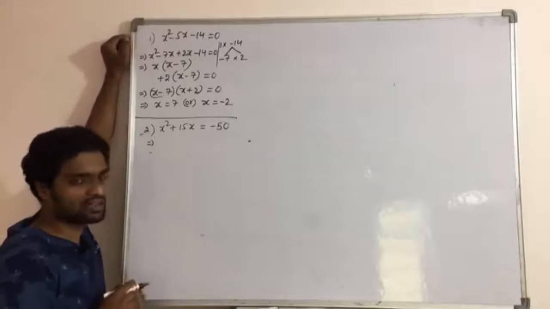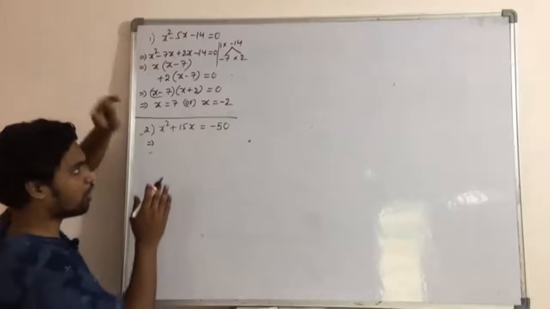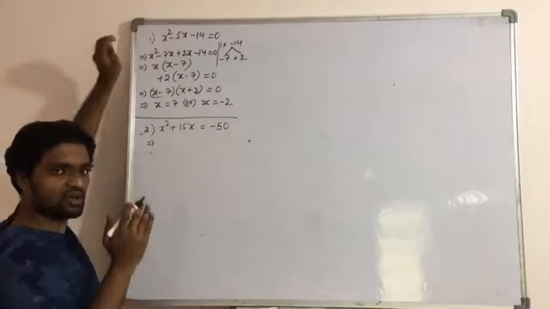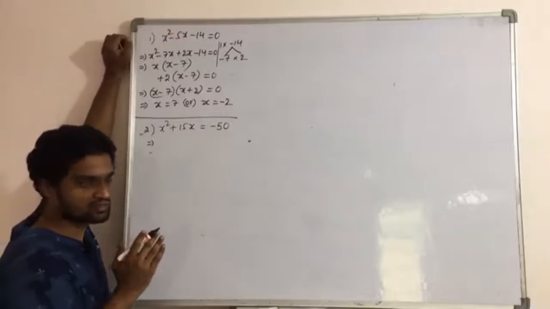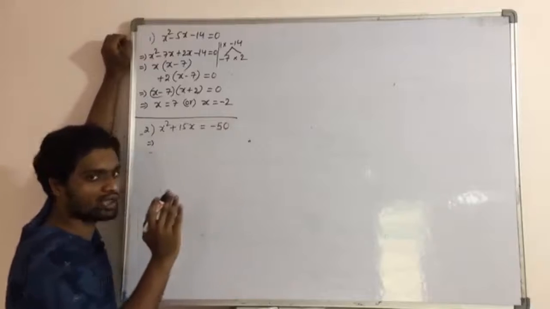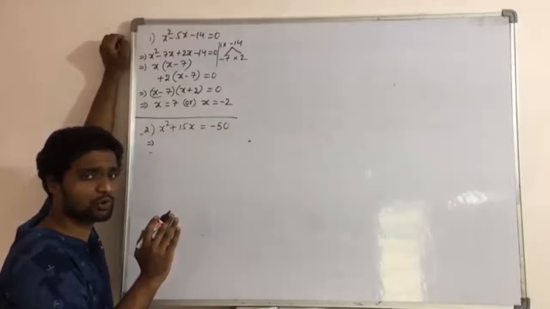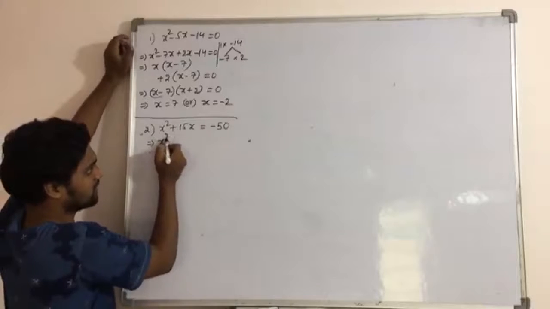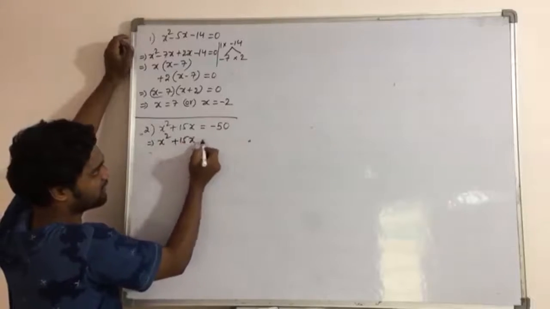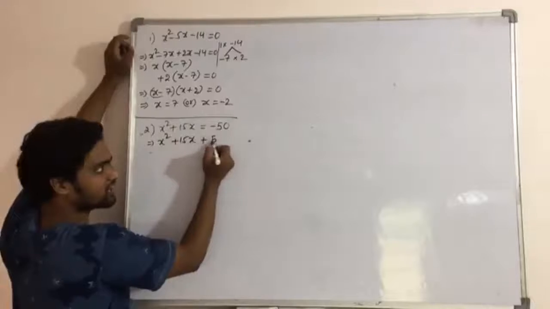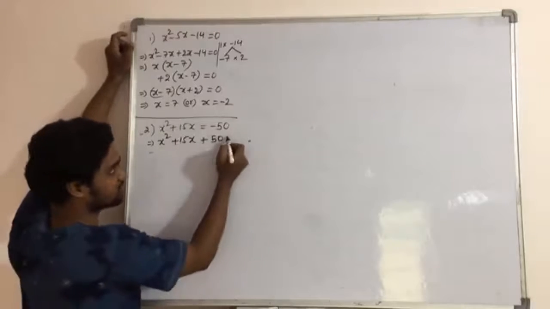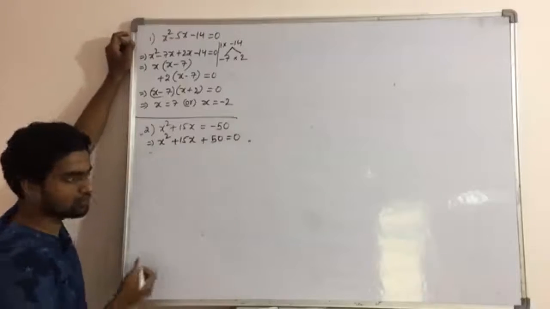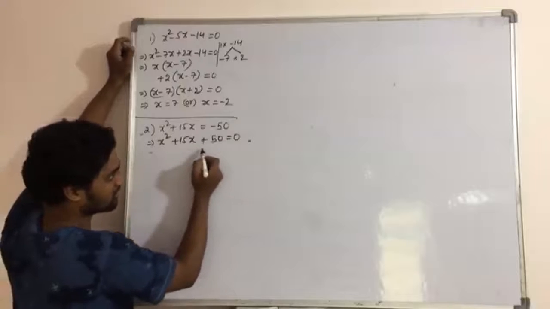While solving a quadratic equation, all the terms should be on the LHS. There should be only 0 on the RHS. Then only you can solve it. See, x square plus 15x, bring minus 50 to the LHS, you will get plus 50 is equal to 0.